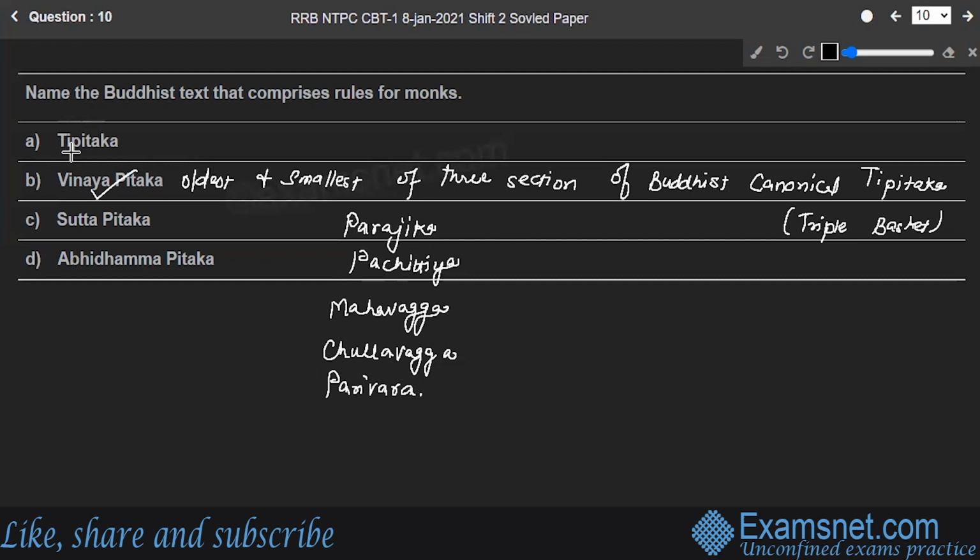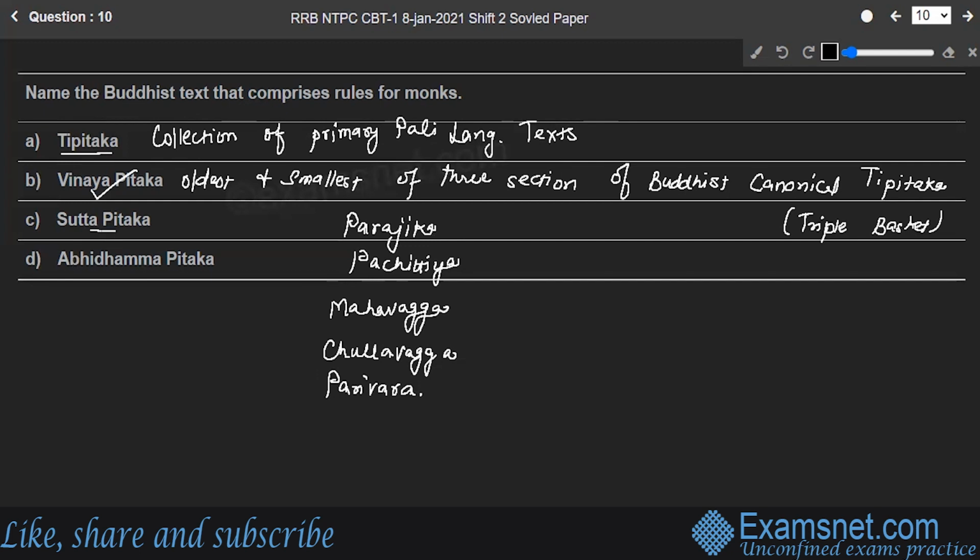If we talk about Tipitaka, it is a collection of primary Pali language texts which form the doctrinal foundation of Theravada Buddhism.